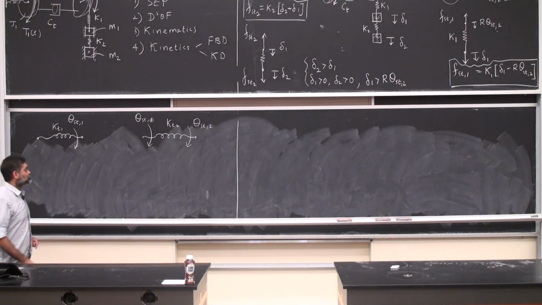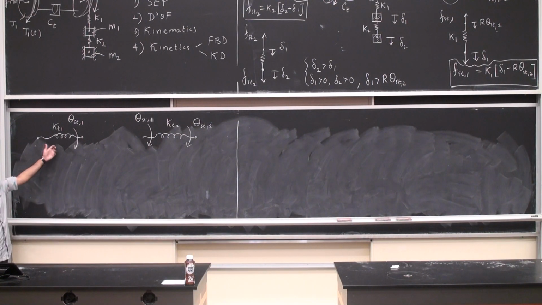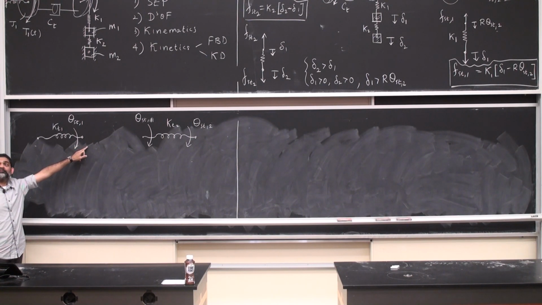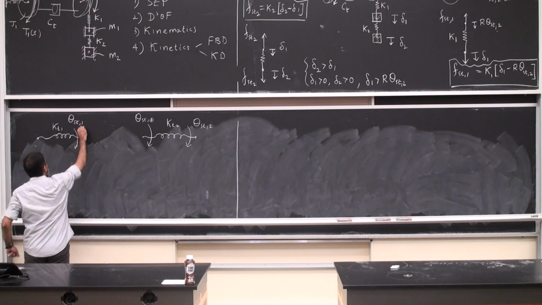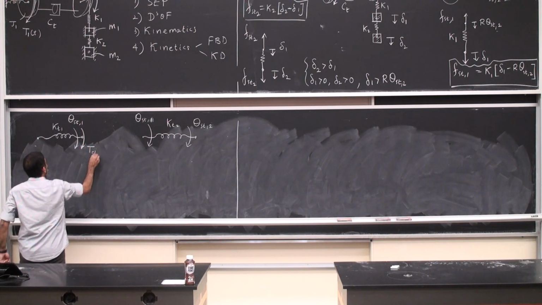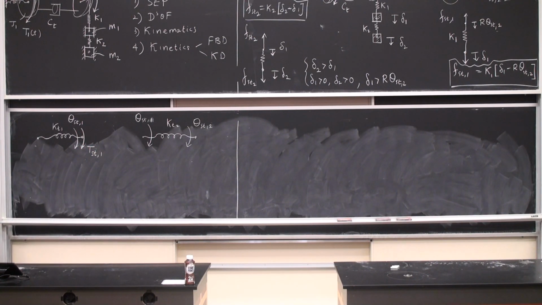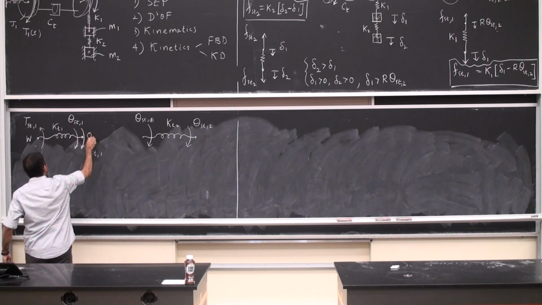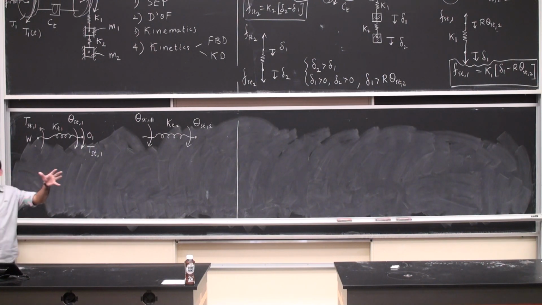So I look at this one first. We've done this in the last class. I can focus on either one of these ends. I focus on the end where it is most convenient for me. I look at this here. I apply a torque to cause that deflection. This is T static 1, and an equal and opposite torque T static 1. Let's call this the wall W. This is end O1, which is connected to the first ring or first disk.